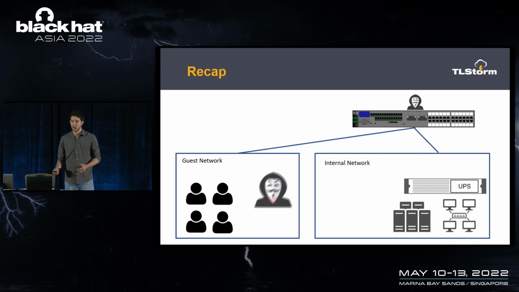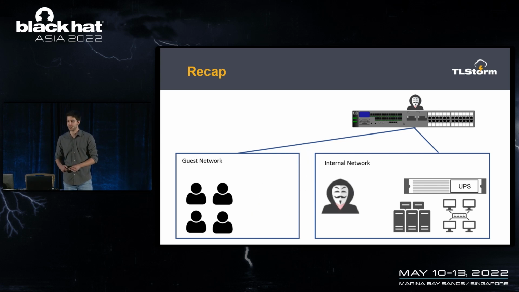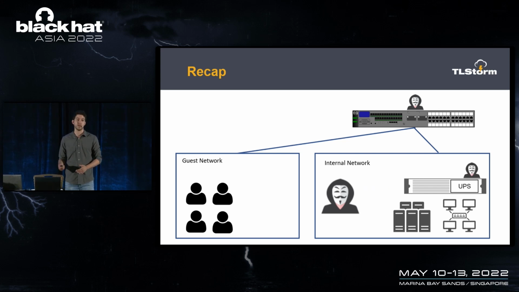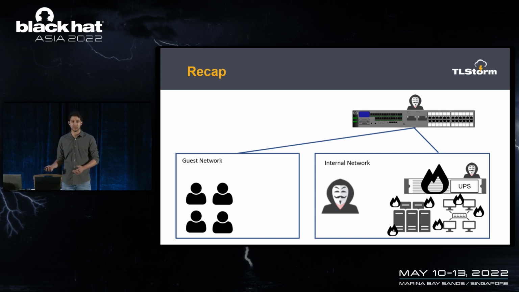They can also hop into the internal, very secret network and access all sorts of sensitive information and sensitive devices. They can also use the same logo to take over the UPS and launch attacks against connected devices or even the UPS itself, as we've just seen live on stage.